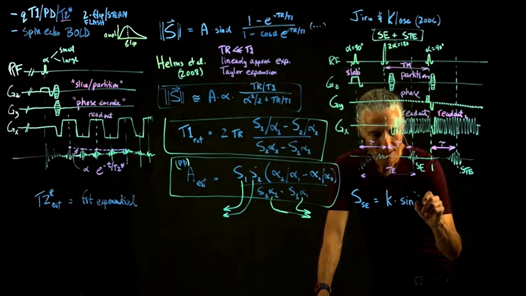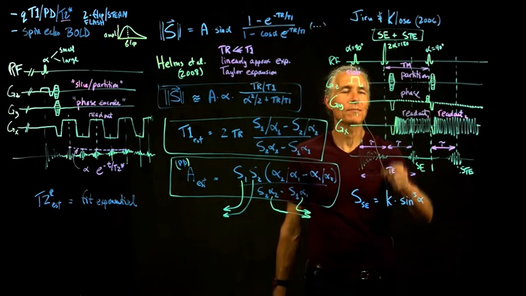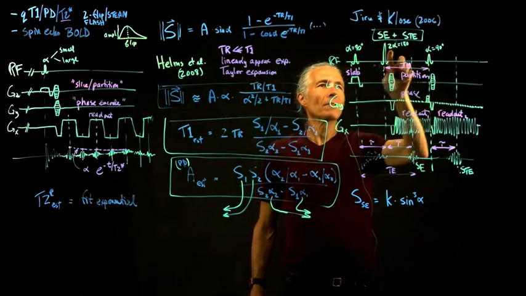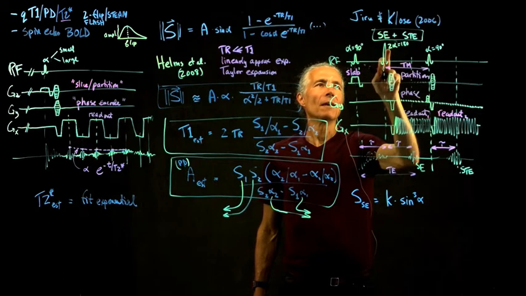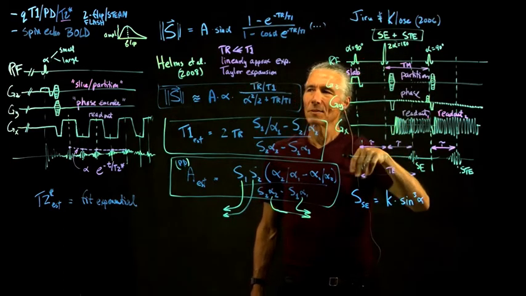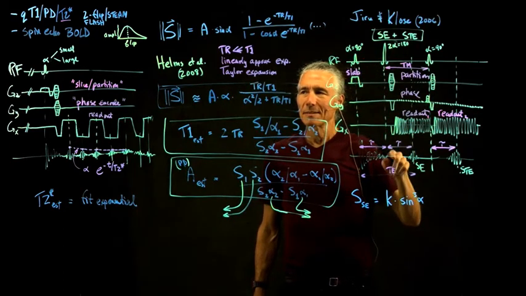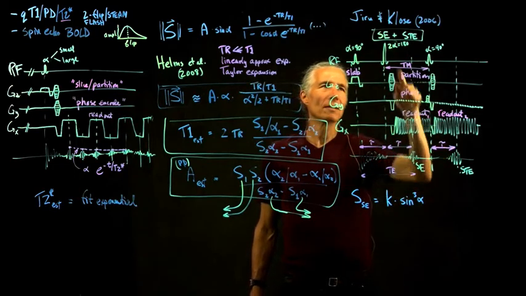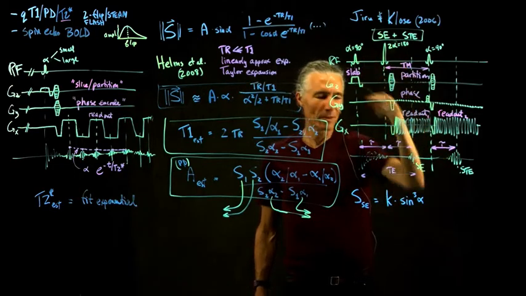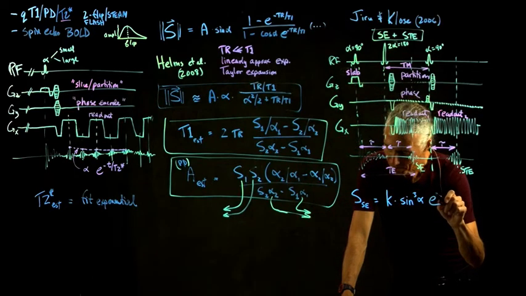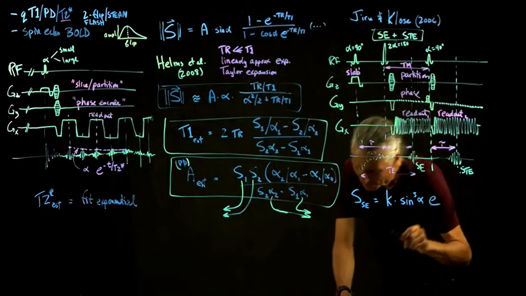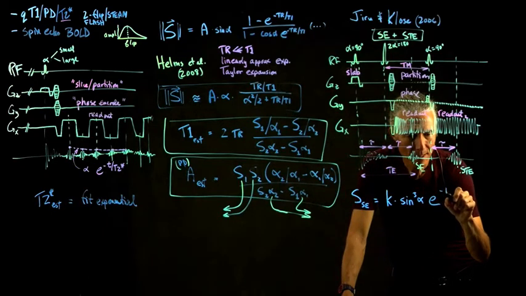So sine cubed alpha, and the sine cubed, remember, comes from the fact that this guy's twice as big as this. If you make this one twice as big as this, instead of sine alpha plus sine of alpha over 2, then alpha is the same, so you get sine cubed. So sine cubed times e to the minus TE over T1.